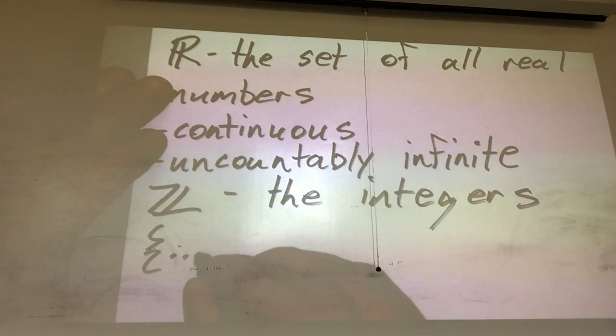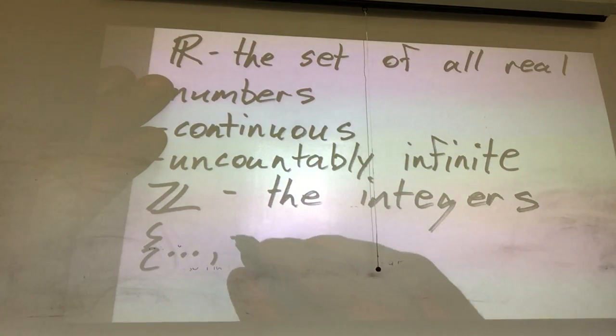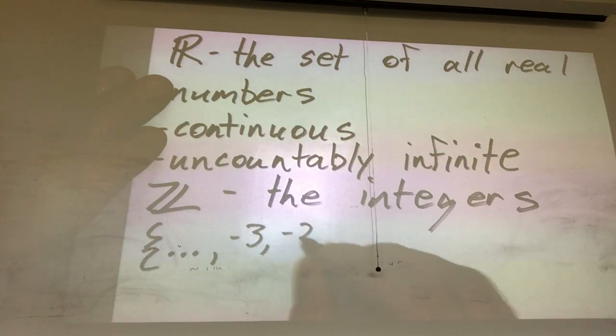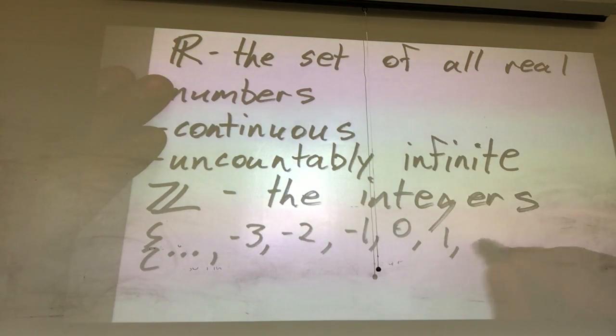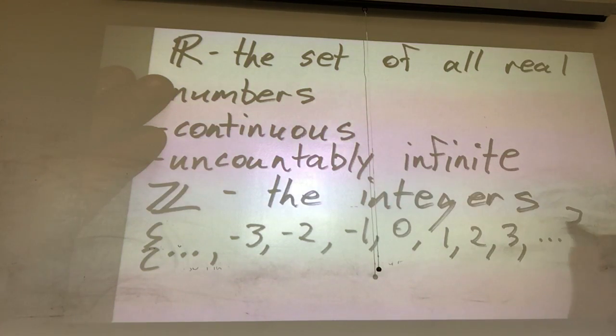But if I go backwards, this would be -3, -2, -1, 0, 1, 2, 3, and then going all the way off to infinity.